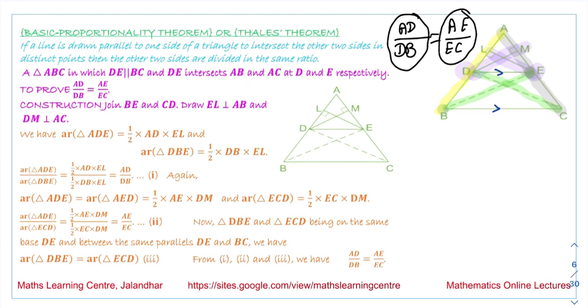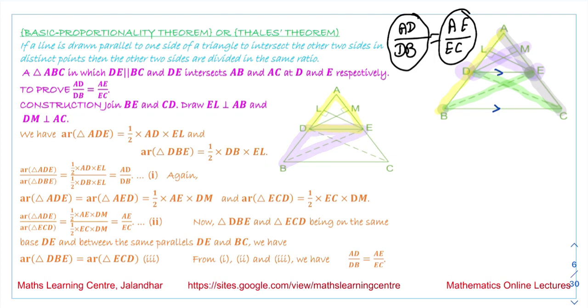Now we consider two triangles: one is the triangle ADE, and the second is the triangle DBE.